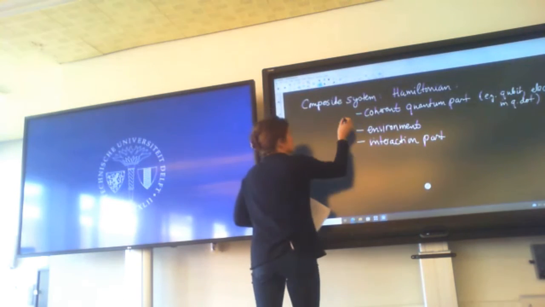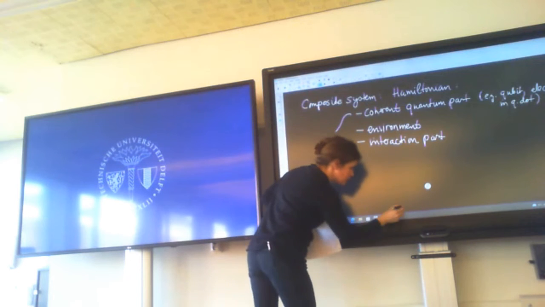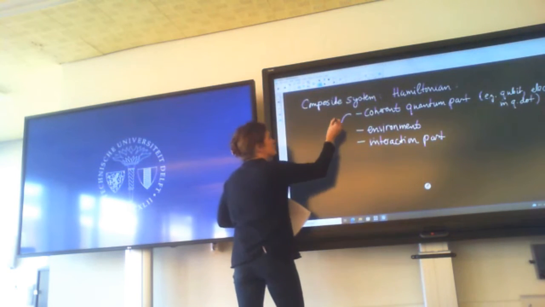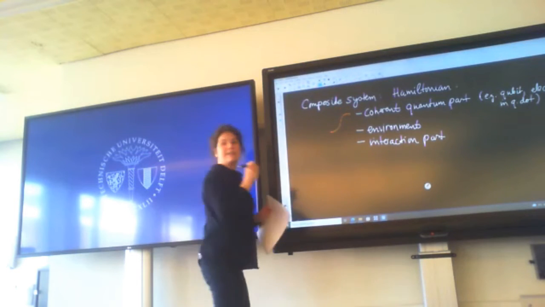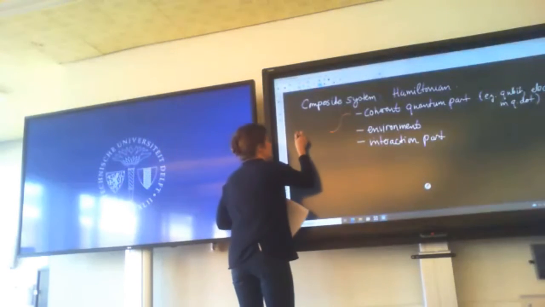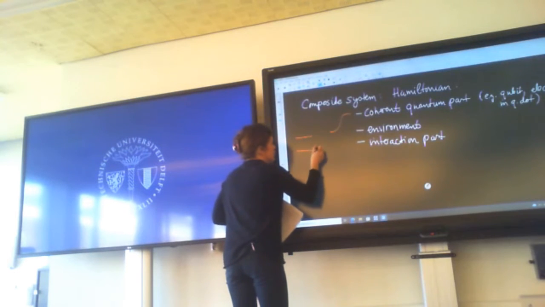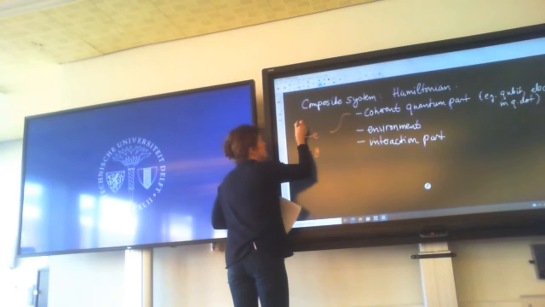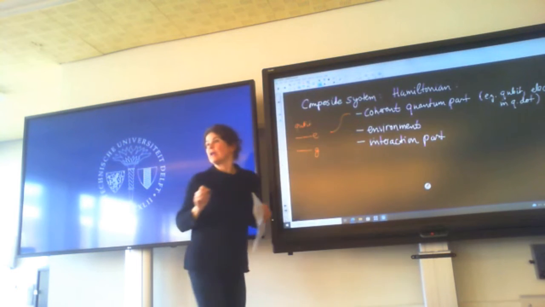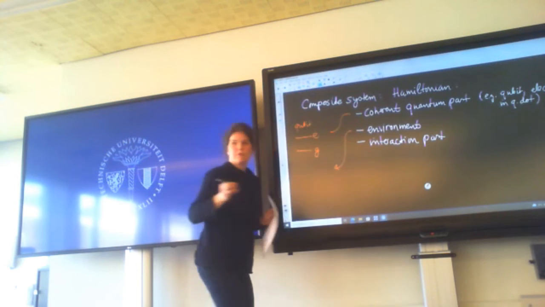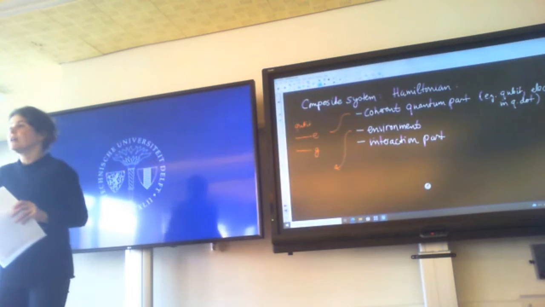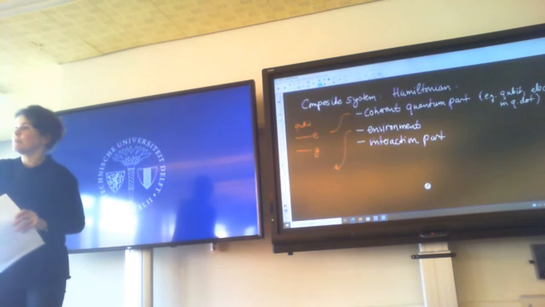So let's use an example. I will use colors like Max also did. It's nicer. So, for example, you could have a qubit, I already mentioned it, which has a ground state and an excited state, and that will be the coherent part of your Hamiltonian. The environment we often use is the boson bath. You will hear about it in the lectures as well.